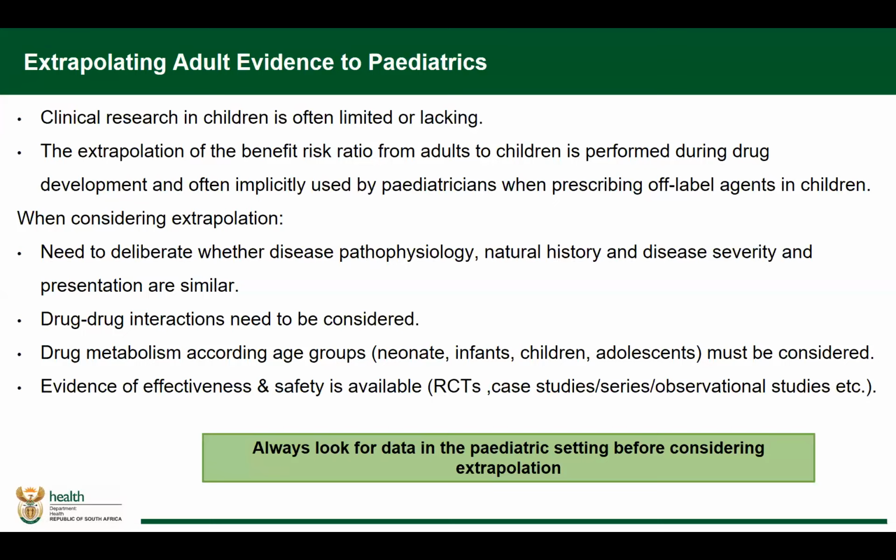Benefits. Prescription for children. When I started in this, there's almost 28% were not extrapolated. We need to be deliberate about the disease pathophysiology, the natural histories, the severity. We also look at metabolism.